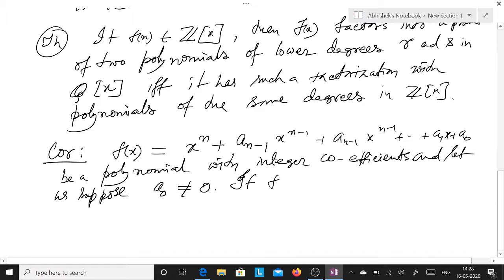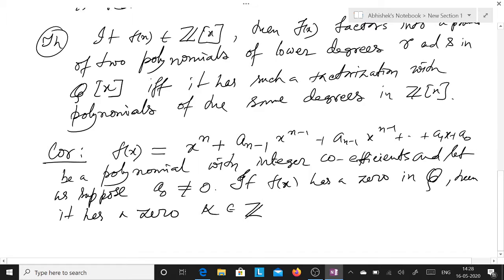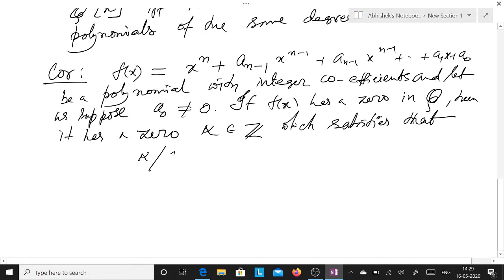Then if f(x) has a 0 in the field of rationals, then it has a 0, suppose the 0 is k, in the ring of integers which satisfies the property that this k will divide a_0.